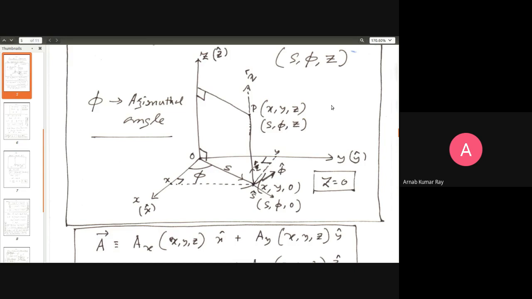Similarly, in the new coordinate system, as I have discussed earlier, label the coordinates as coordinate 1, coordinate 2, coordinate 3. In the cylindrical system, coordinate 1 is s, coordinate 2 is phi, coordinate 3 is z.